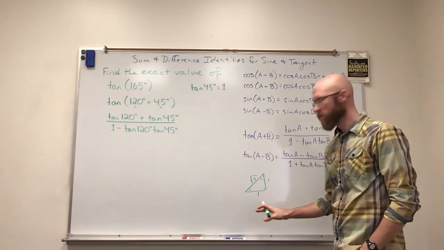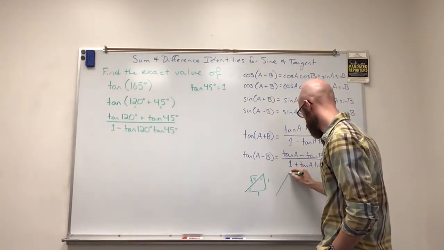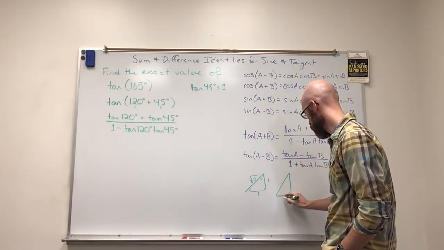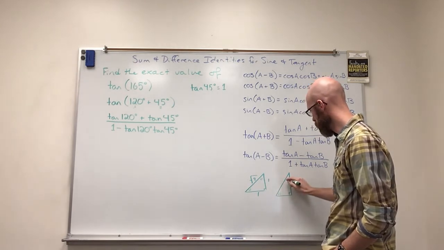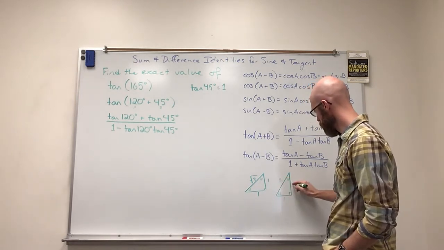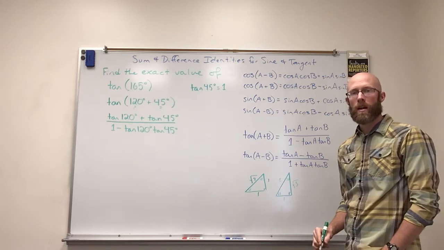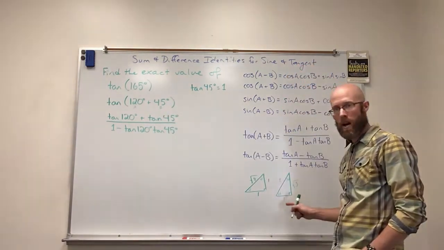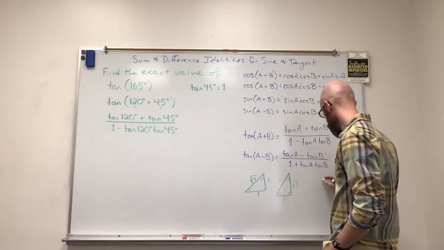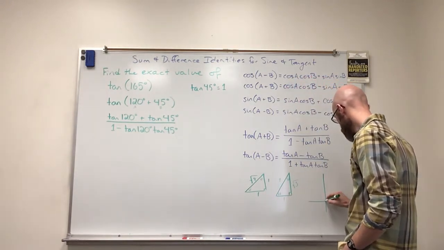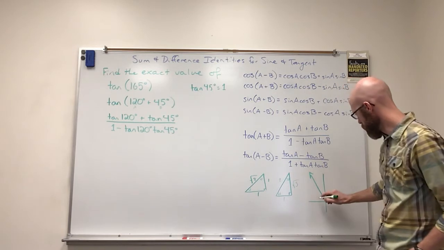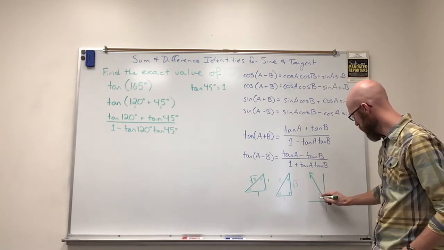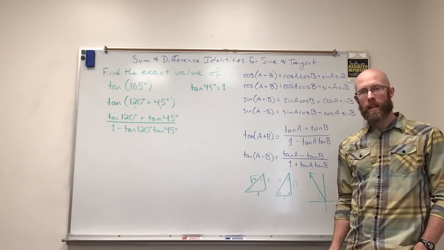Okay, we can also find the tangent of a 120 degree angle. We can utilize a special triangle in a moment. We know that the 30, 60, 90 triangle has side lengths of 1, 2, and root 3. But 120 isn't on this triangle. 120 is in the second quadrant, and it is 60 degrees back from 180, right?